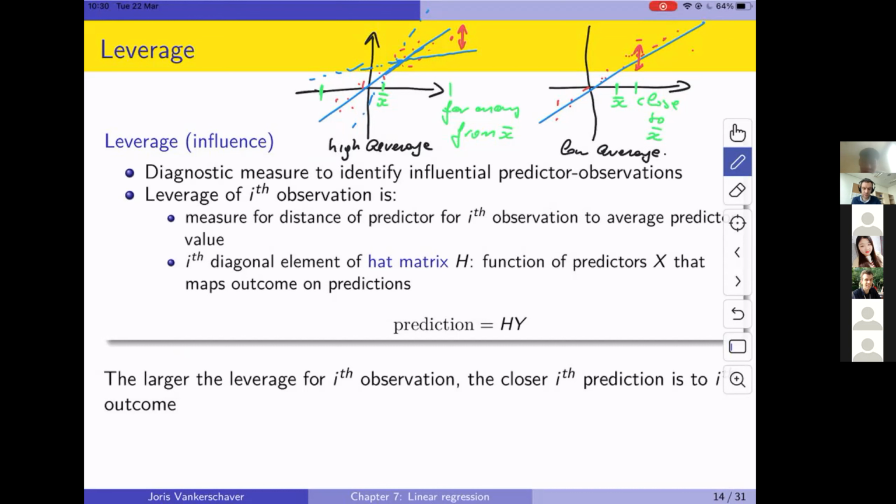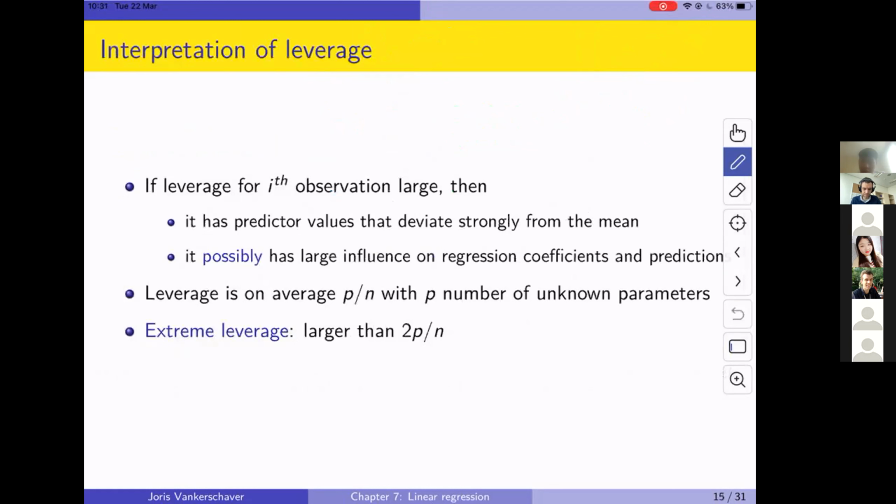Well, the leverage measures basically how far the X value is from the mean X values, or equivalently, via computation that we're not going to do, if I move my point up and down a little bit, how much is the prediction going to change? So that is one of the diagnostics that we will look at. And let's talk a bit more about the interpretation.